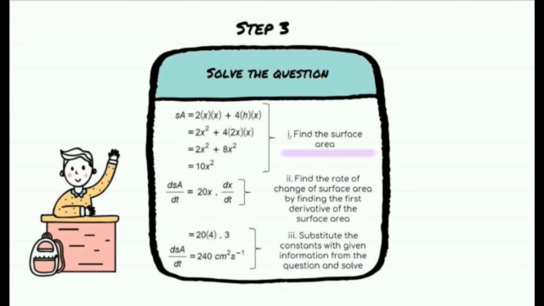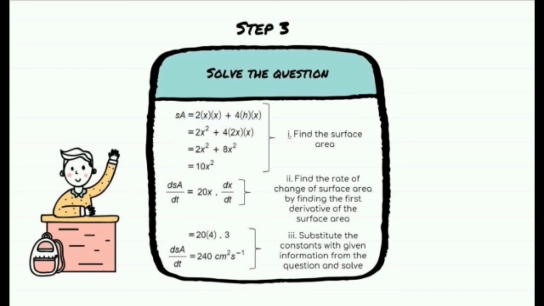First, we should find the surface area equation by calculating the surface area of the base and subtracting it with 2, and totaling it with the surface area of the side and subtracting it with 4.